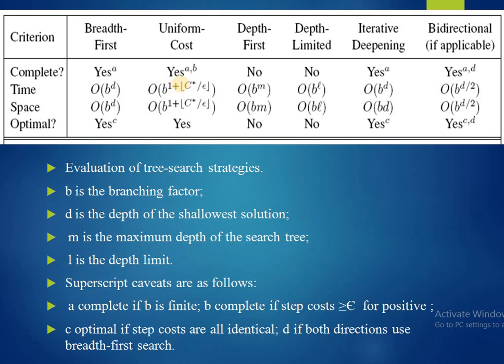The superscript caveats are as follows. A: complete if b is finite. B: complete if step cost is greater than or equal to epsilon for positive epsilon. C: optimal if step costs are all identical. And D: if both directions use breadth first search.